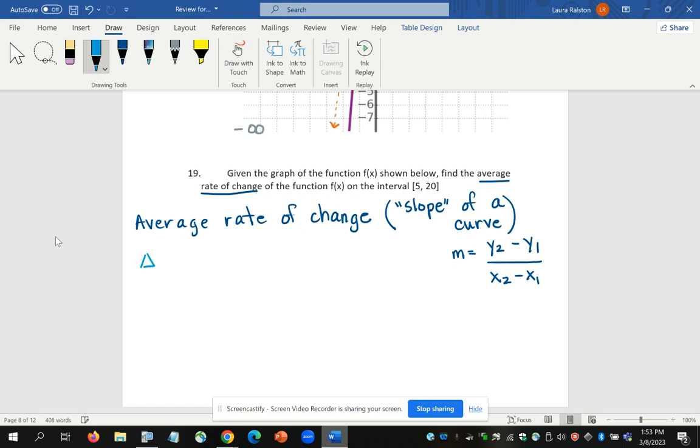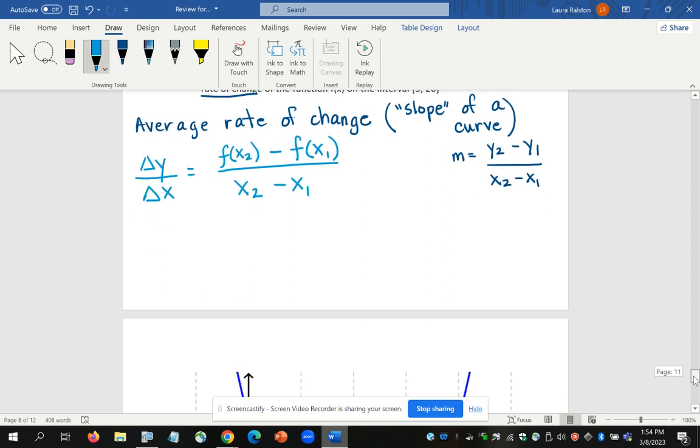So it looks like change in y over the change in x, and you have f of x sub 2 minus f of x sub 1 over x sub 2 minus x sub 1. Guys, this f of x sub 2 and f of x sub 1 is just a fancy way to say y1 and y2. So average rate of change is the same idea as slope, but it's the slope of a curved line.